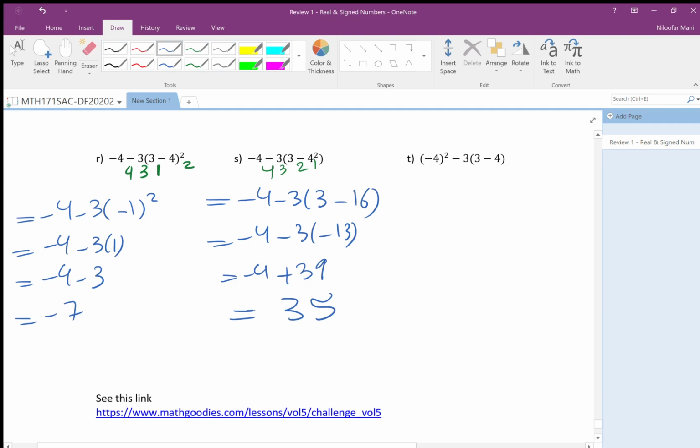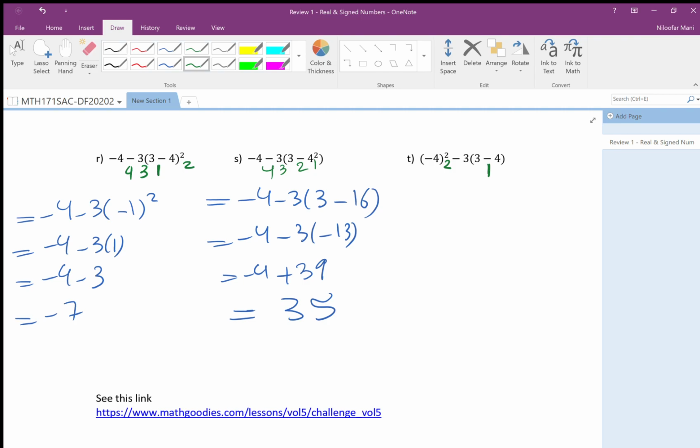How about the next? Bracket first. But which bracket? The first bracket, I can't do anything inside. It's just minus 4. So I need to do this bracket first, and then this exponent. However, if I do, for example, 16 minus, it doesn't really matter. But I want to be consistent, so I follow the same order. The first bracket is just minus 4, so I don't do anything. So I go to the next bracket.